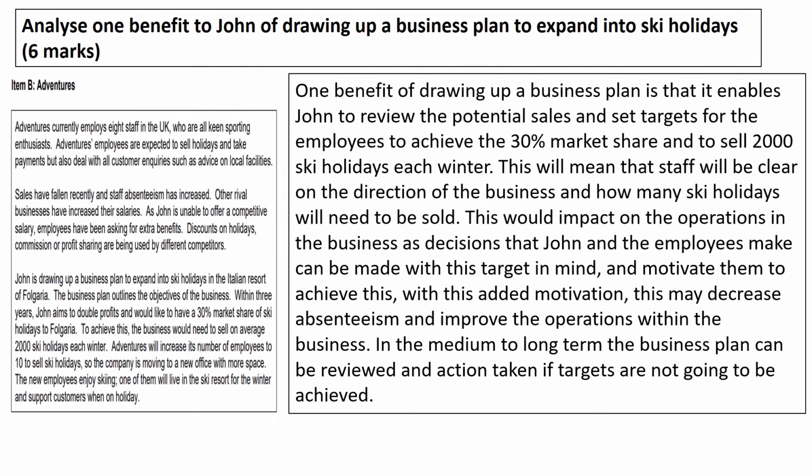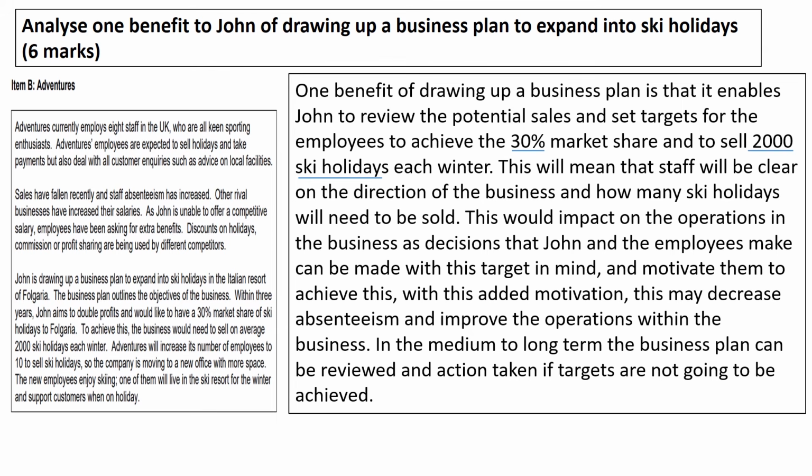One benefit of drawing up a business plan is that it enables John to review the potential sales and set targets for the employees to achieve the 30% market share and to sell 2,000 ski holidays each winter. This will mean that staff will be clear on the direction of the business and how many ski holidays will need to be sold.